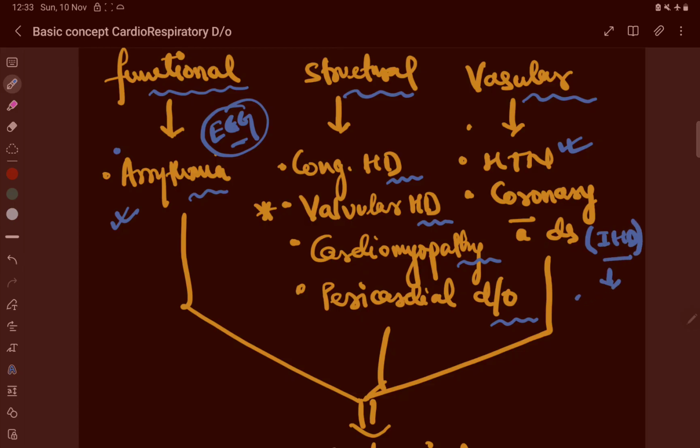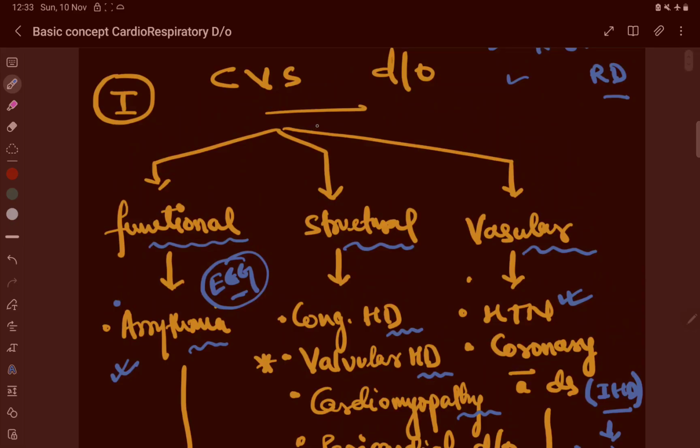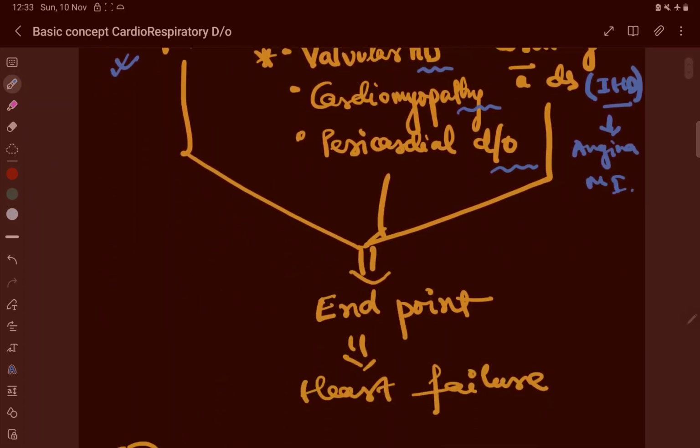We'll discuss angina, we'll discuss MI, and the remaining topics. Also in these disorders there is the part of cardiac tumors. About cardiac infections and cardiac trauma, we are going to discuss in the surgical part, but right now we are just focusing on these three broad classifications of cardiac disorders.